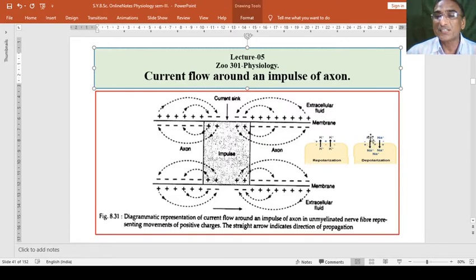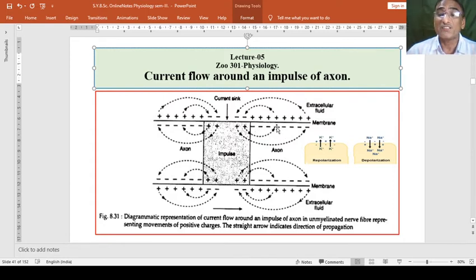You see, as soon as the sodium enters, it is negatively charged outside and positively charged inside. As soon as the potassium moves outside, it is negative charge inside and positive charge outside. So this same mechanism takes place continually around the membrane. We have seen the resting membrane potential and working membrane potential, how it changes from time to time as the action potential takes place.